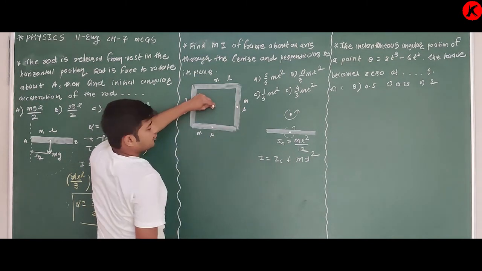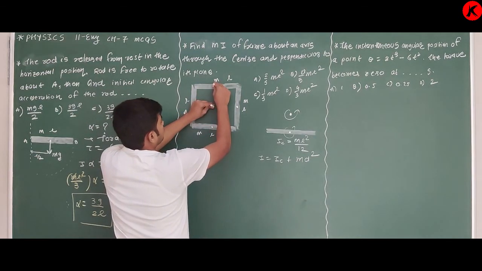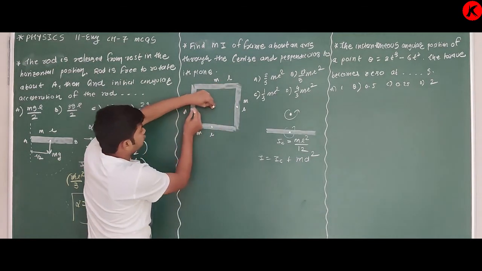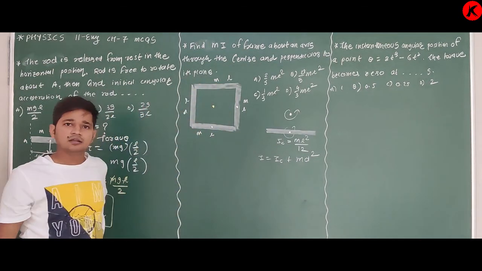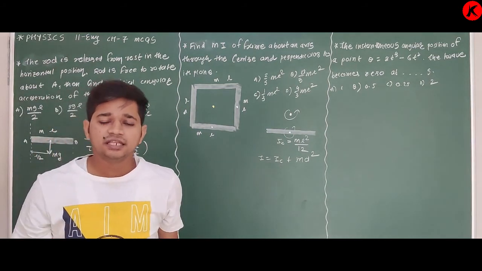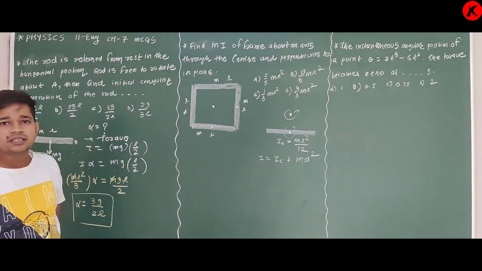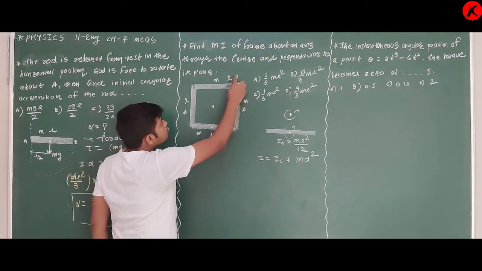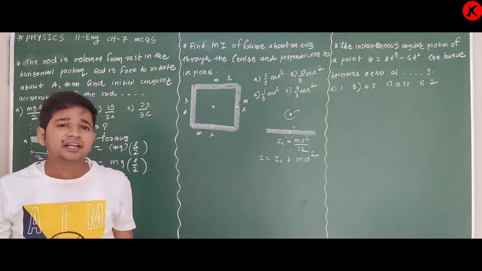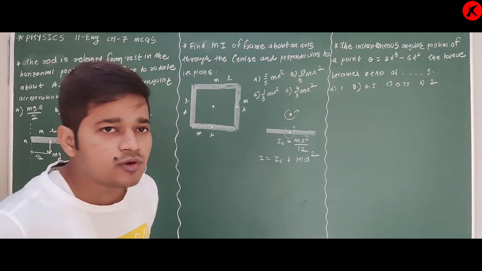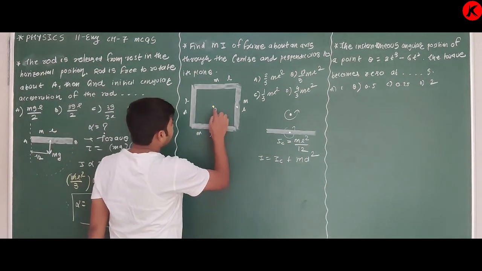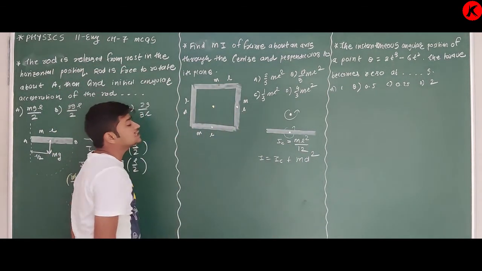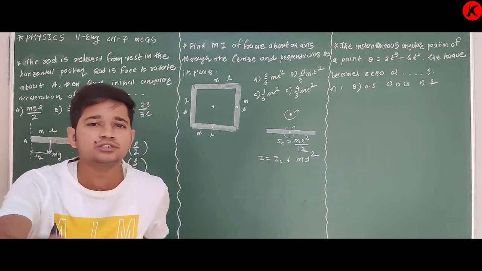These two axes are parallel. Similarly, for this rod and for this rod, these two axes are parallel. These 4 rods are identical: their mass is equal, their length is equal, and the distance of each rod's center is also the same.